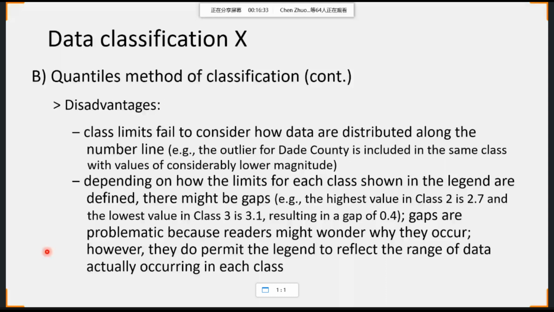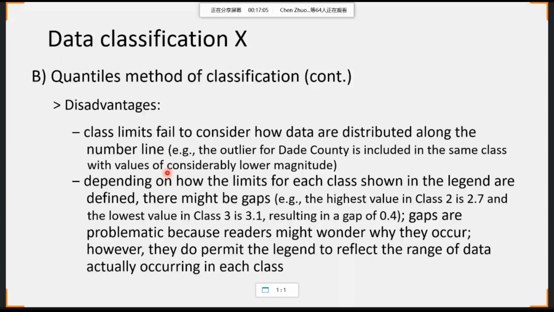And especially in the fifth class, this outlier, this very high number, about 45, is included now in the same class as several values with lower magnitude, about 15 or even lower. So they're in the same class. They're treated as the same. They get the same color, the same gray value in the map. So they look like they are the same for the user.